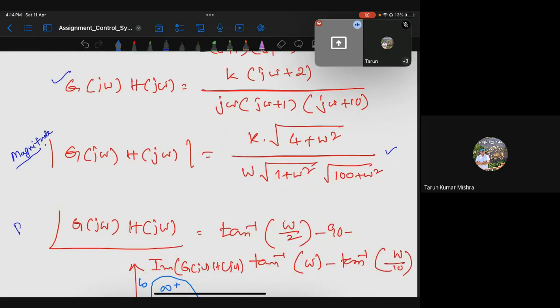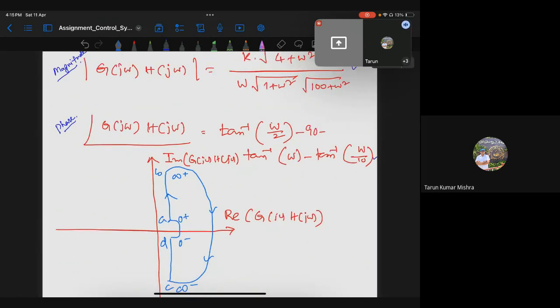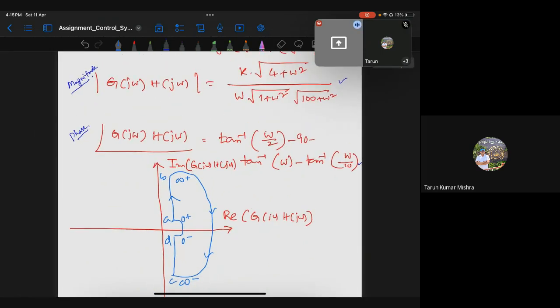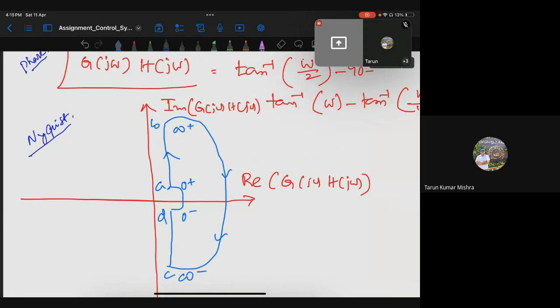Then find the phase. You can also find the phase, am I correct? Yes, sir. Then the Nyquist plot basically looks like this Bode plot. The plot will have different segments: A to B, B to C, C to D, and D to A.